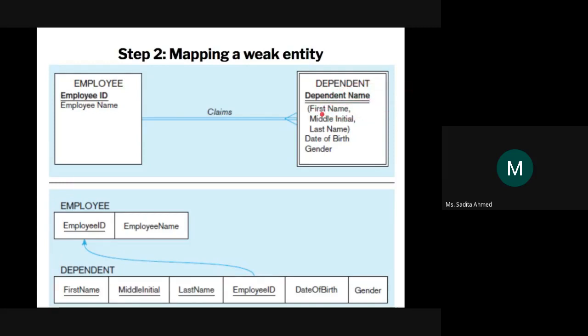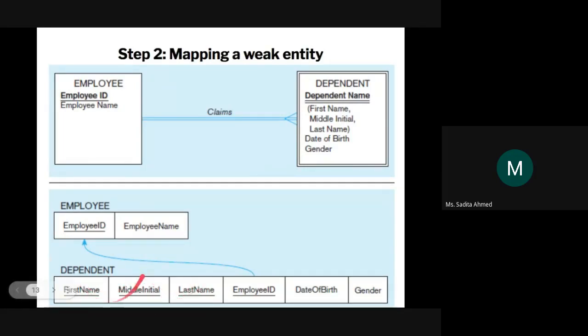That's why it is a partial identifier, and it cannot be the primary key alone. So how do we build the primary key? We will combine the components of this composite attribute, which is a partial identifier. Dependent name is a composite attribute and a partial identifier. Since it's a composite attribute, we broke it down into component parts, and since it's a partial identifier, we make the component parts a part of the primary key.